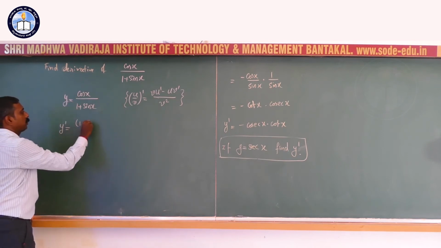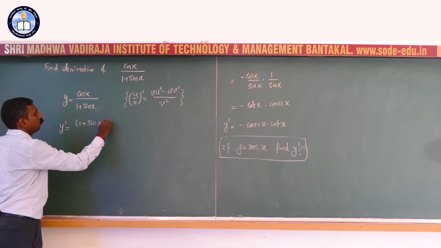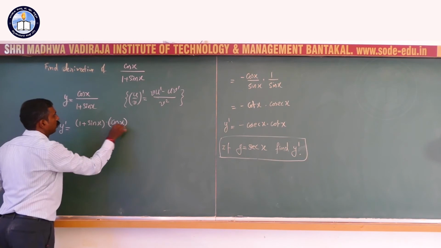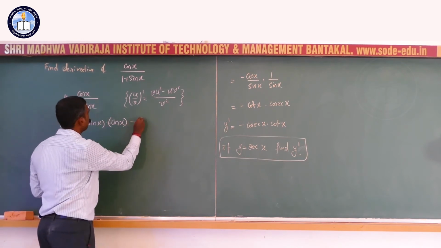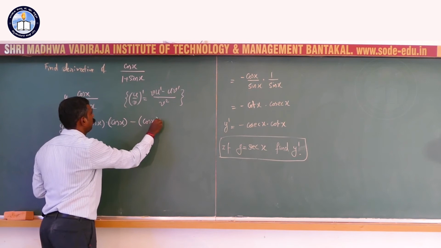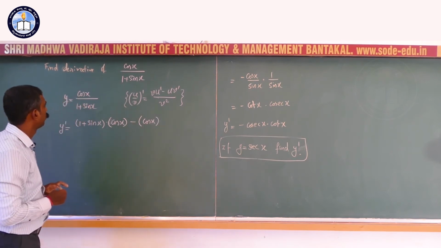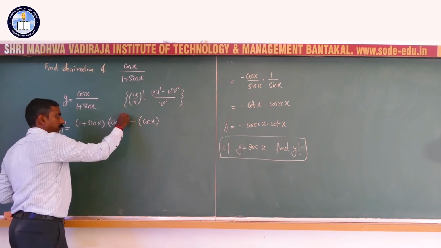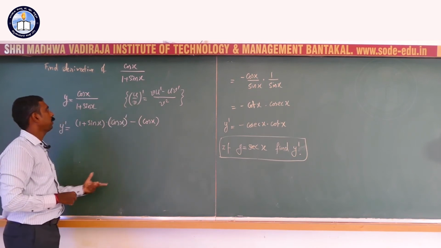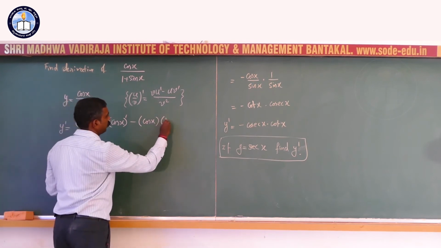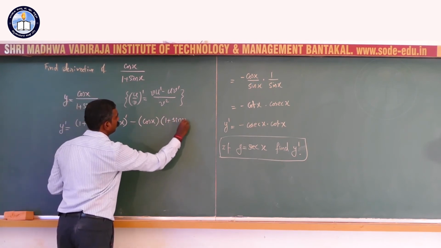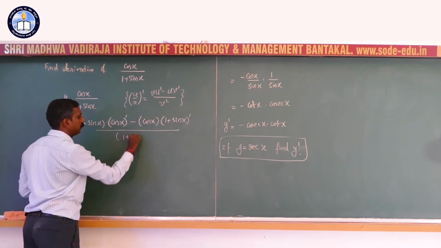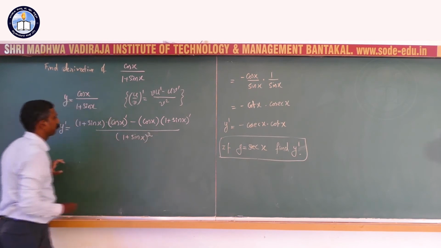So, it is 1 plus sin x into cos x dash, minus cos x into 1 plus sin x dash, whole divided by 1 plus sin x whole square.